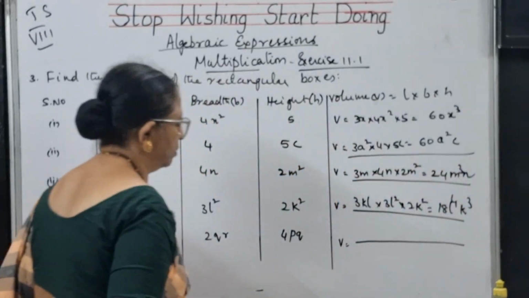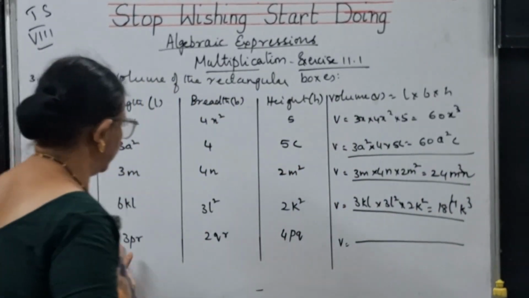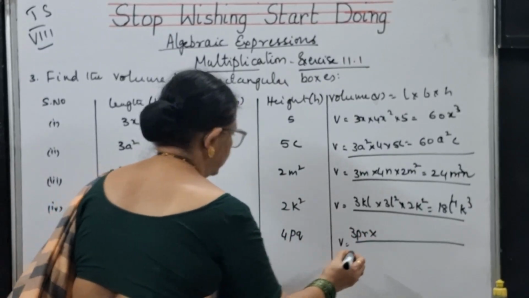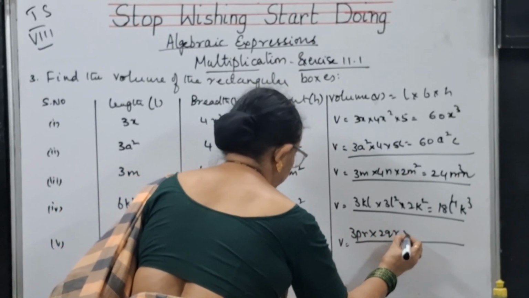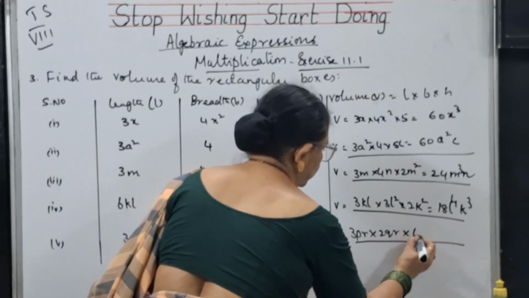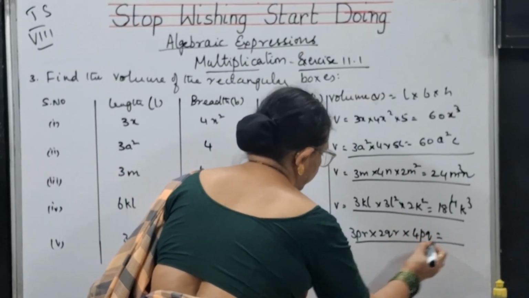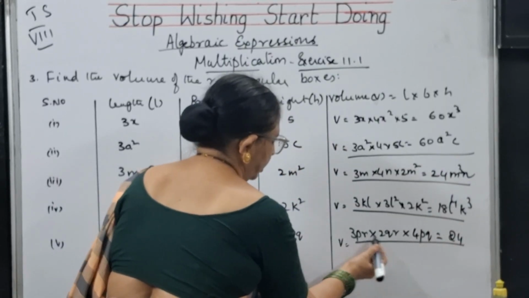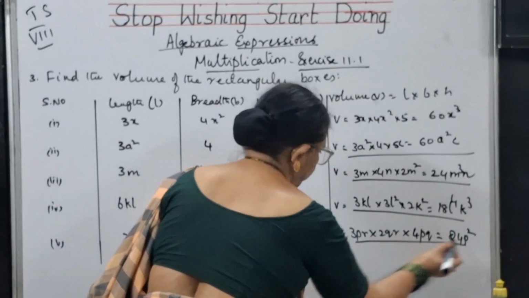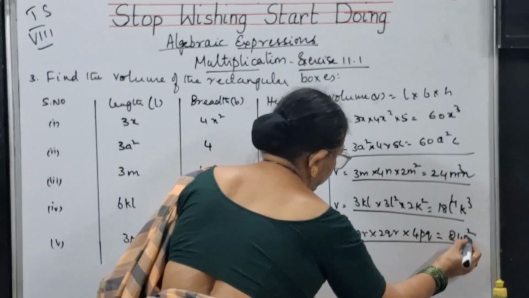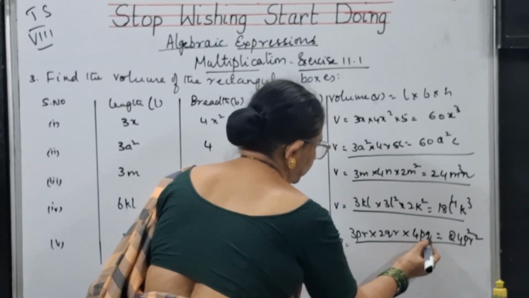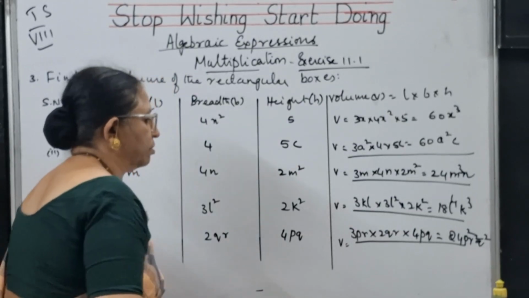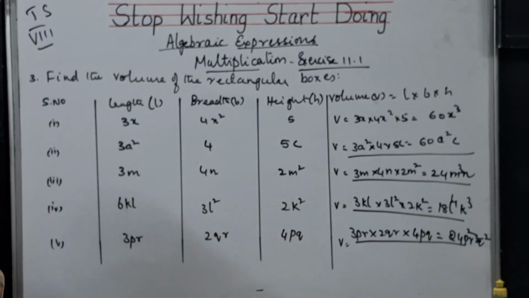Next, this is 3pr into 2qr into 4pq. 3 2s are 6, 6 4s are 24, p into p square, r into r square, q into q square. So 24 p r square q square is the answer.